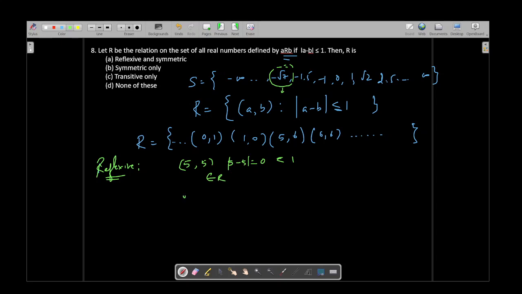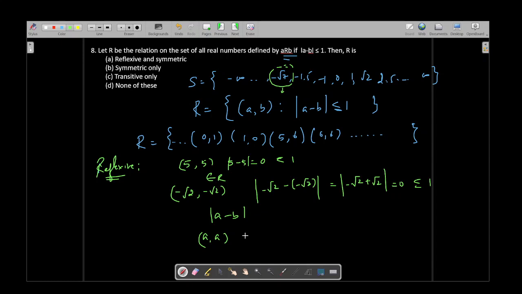If you take, let's say, root 2, I'll take minus root 2. So minus root 2, if I combine with minus root 2, what happens? Minus root 2 minus of minus root 2, which is modulus of minus root 2 plus root 2, which is 0, and this is clearly less than or equal to 1. So what I'm trying to say is, if I take a minus b under mod, if I pair every element with itself, so it becomes a comma a, is it a member of R?